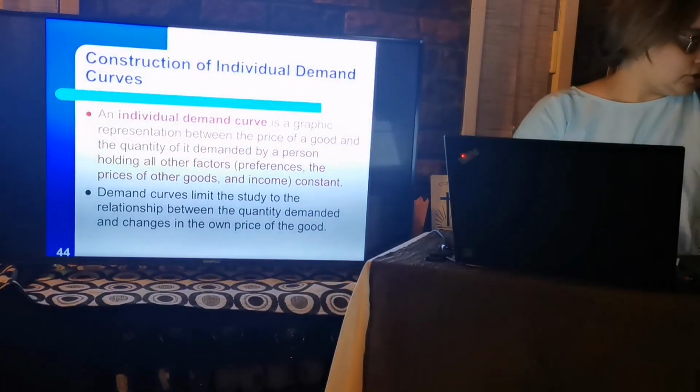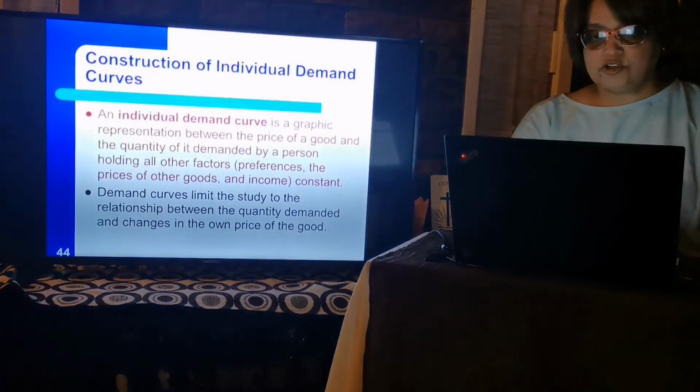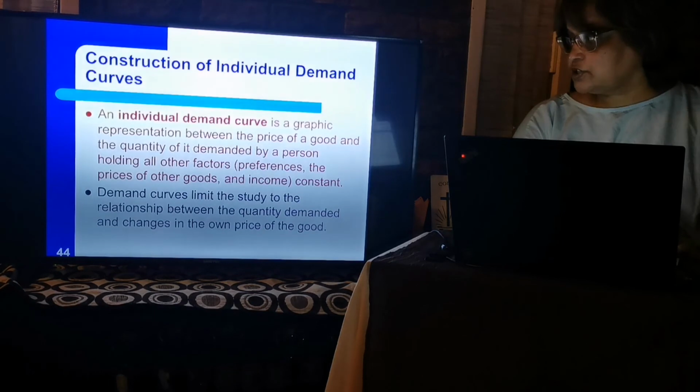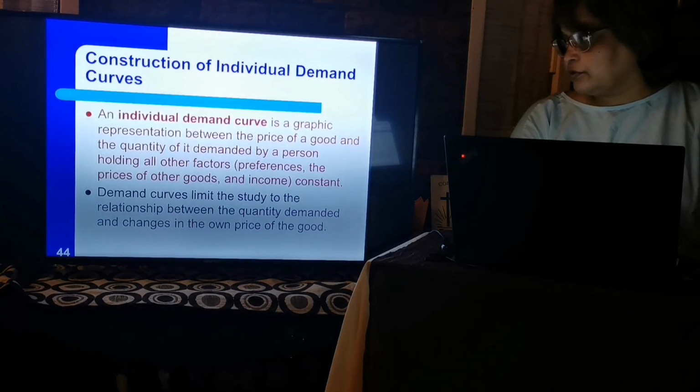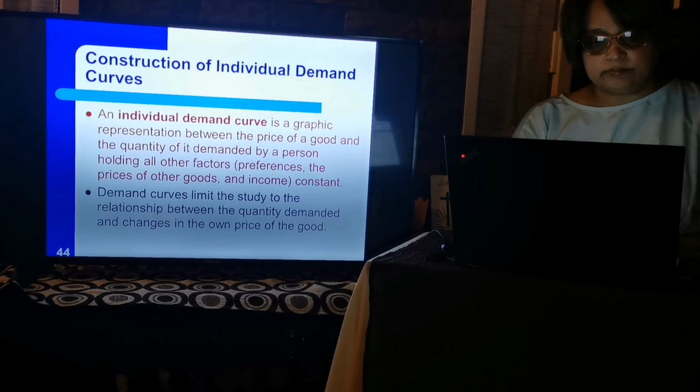This is on page 42. An individual demand curve is a graphic representation of the good that you are demanding at a given price, holding all other factors constant, whether it is the price of your product X, the price of the product Y, preferences or tastes, as well as your income.